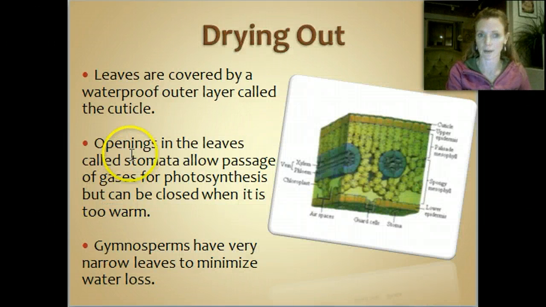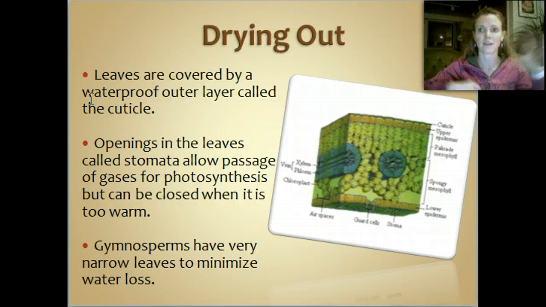And obviously drying out is a big thing. Leaves are covered by a waterproof outer layer called the cuticle, which is very good because we don't want leaves to dry up, but they could eventually. Openings in the leaves called the stomata allow the passage of gases for photosynthesis, but they can be closed when it's too warm so that not all the water is evaporating out of the leaves, which is really kind of cool.